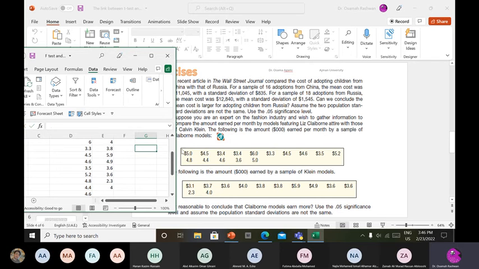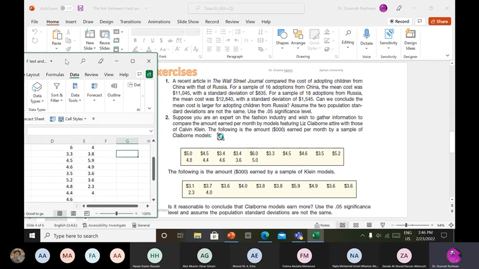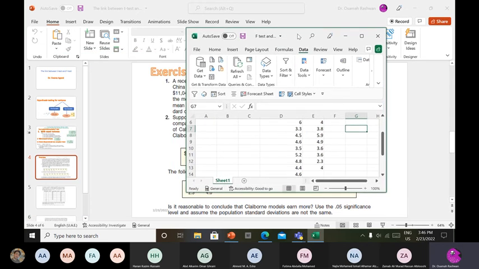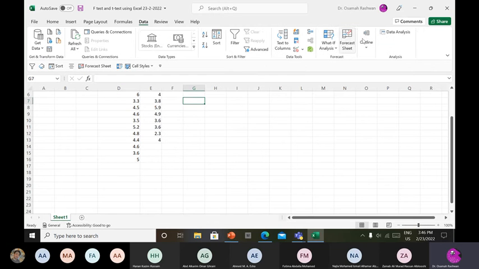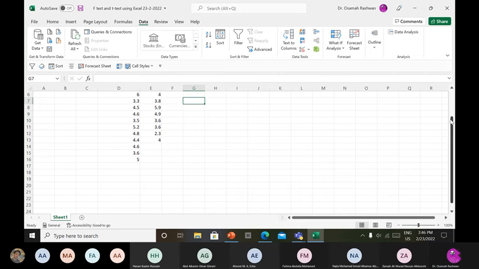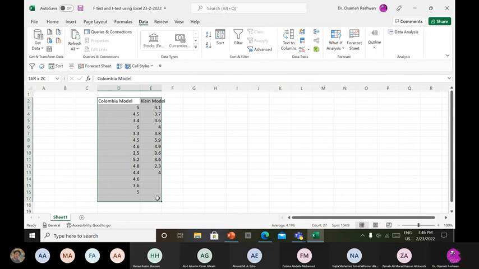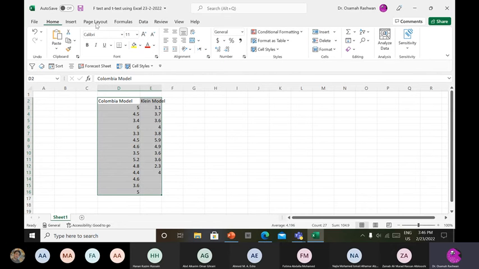Now, I know he's telling me assume what? Two population standard deviations are not the same. So which test am I going to use to compare the means? Once I know the information, they have unequal variance, right? So, can you let me know?